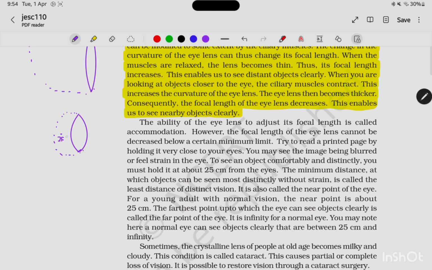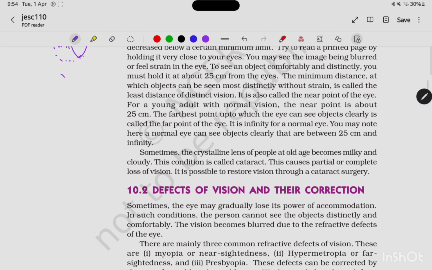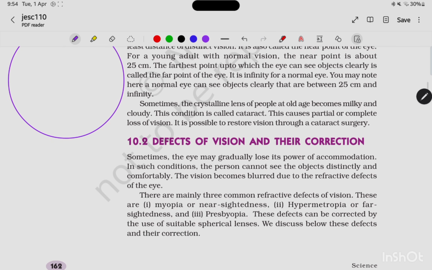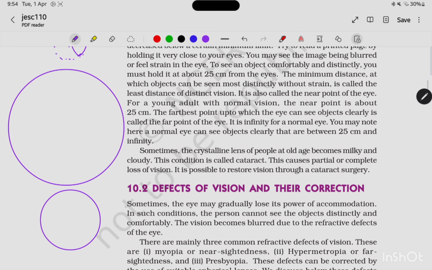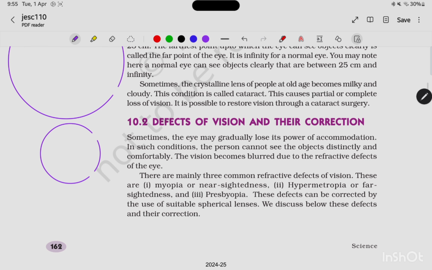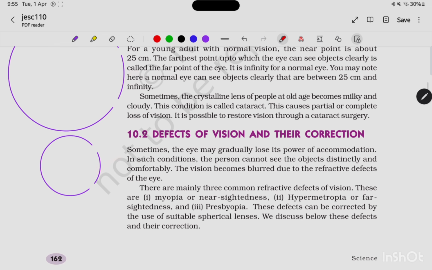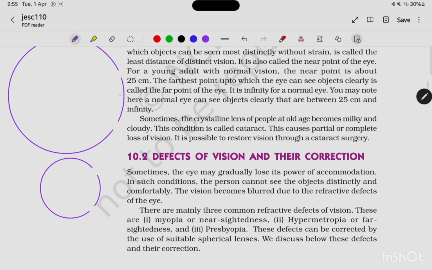So this will be 2f1 and this shall be f1. This is the difference. Okay, so we got a circle like this and we got a circle like this. See, there's a difference in curvature in this and this. Okay, this has more curvature than this one. Okay, and due to that fact, this lens will be thinner than this lens over here. This will be thinner than this one.